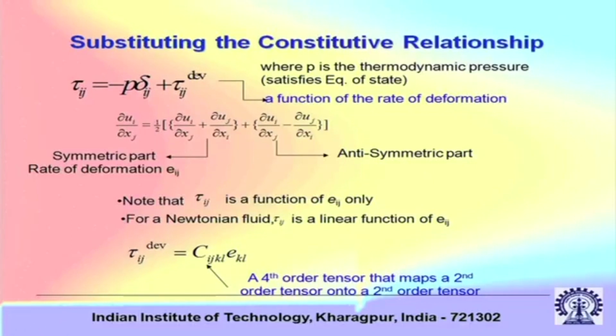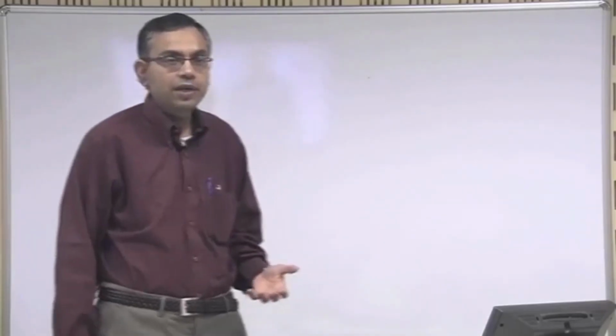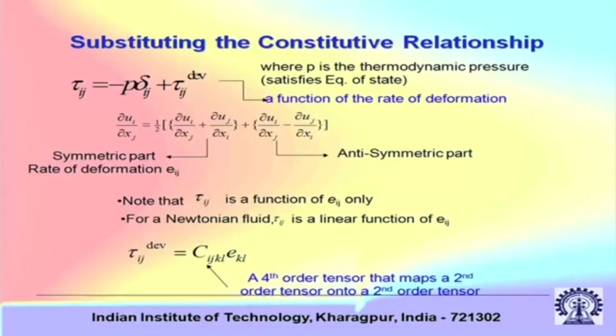So, there are 81 components, and symmetry will reduce the number of independent components further, but those are still too many in number to characterize a fluid in a practical manner. So, we will go for some special considerations which deal with homogeneous and isotropic fluids.